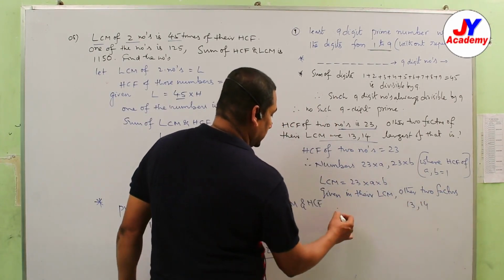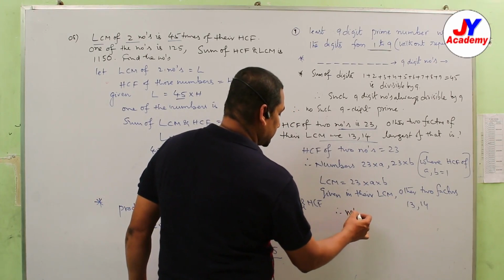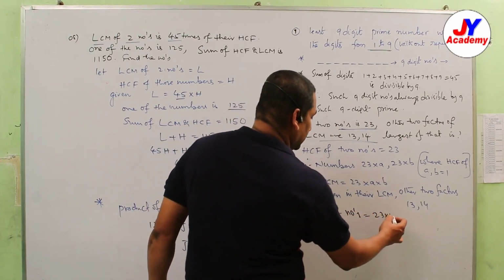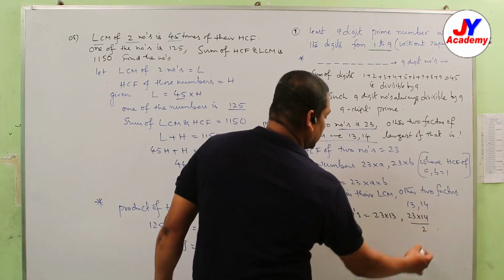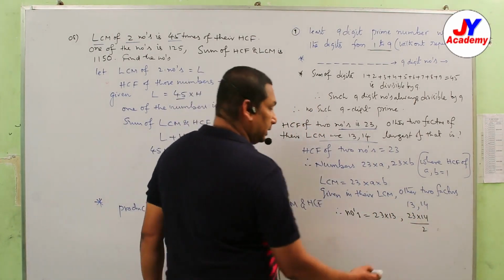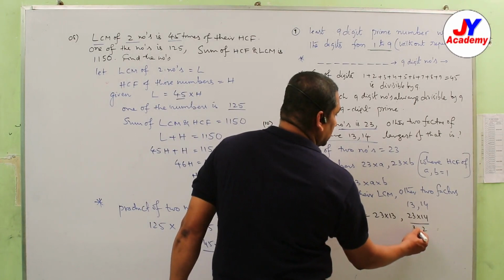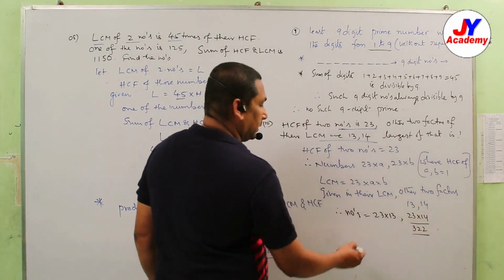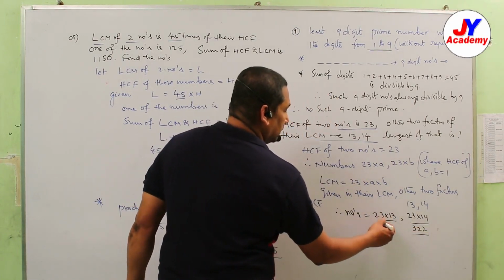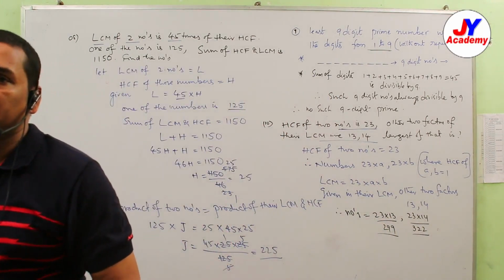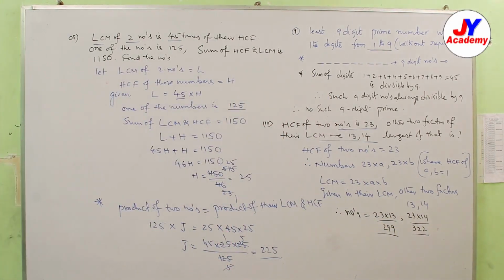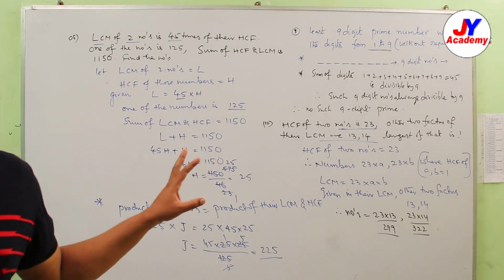So the numbers are 23 into 13 and 23 into 14. 23 times 13 is 299, and 23 times 14 is 322. So the required numbers are 299 and 322.